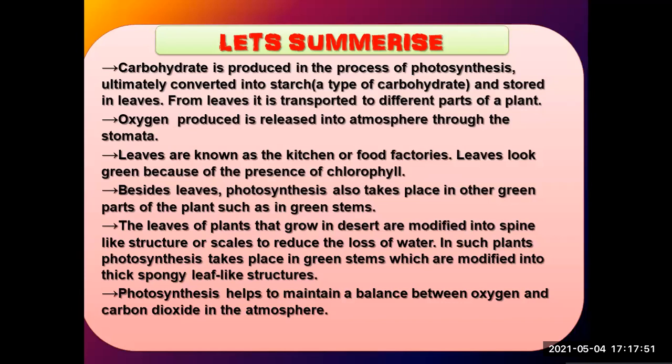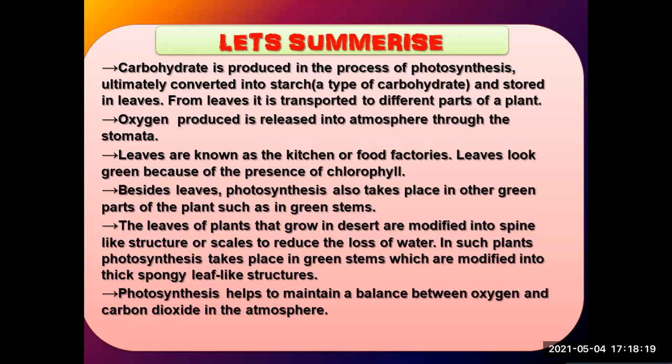So a balance of oxygen and carbon dioxide is maintained by the green plants, which is why forests are called green lungs of the earth. Leaves are known as the kitchen or the food factories. And leaves look green because of the presence of chloroplast, and chloroplast contains a green pigment called chlorophyll.